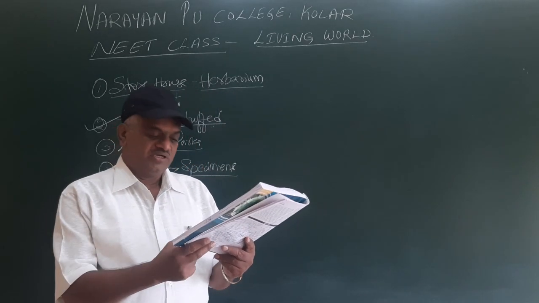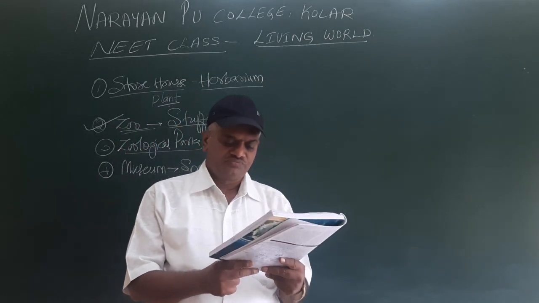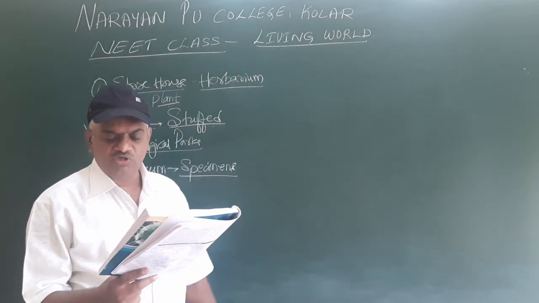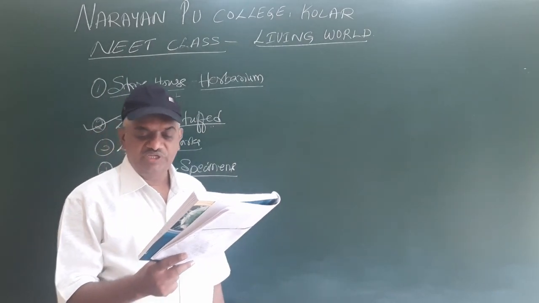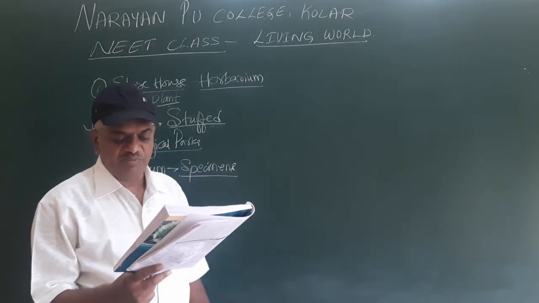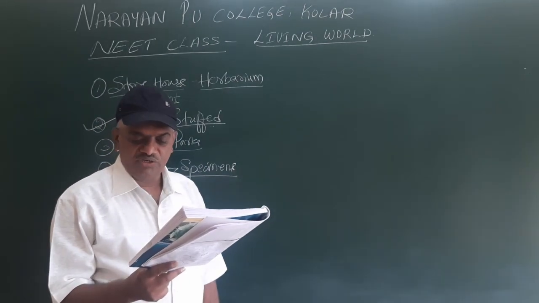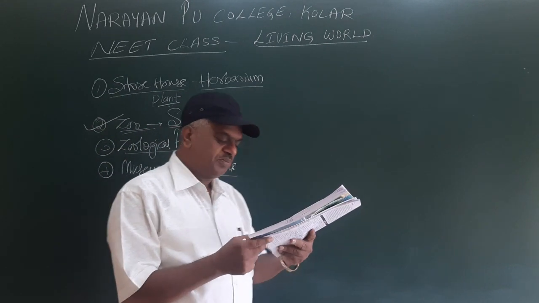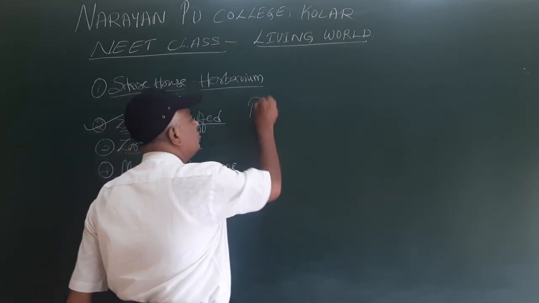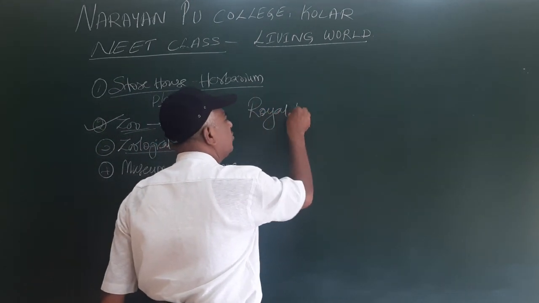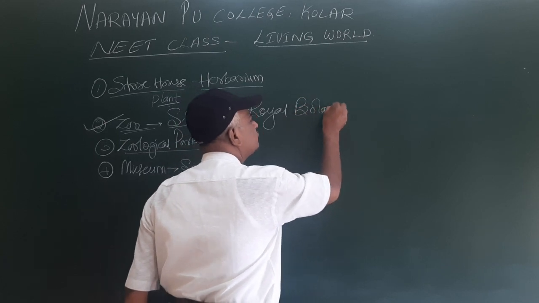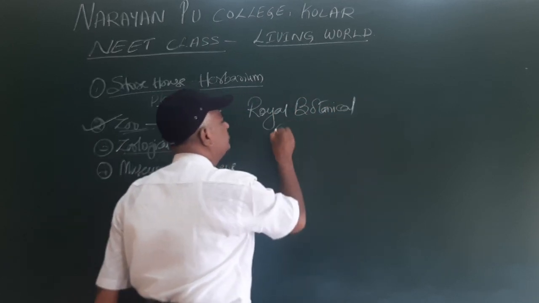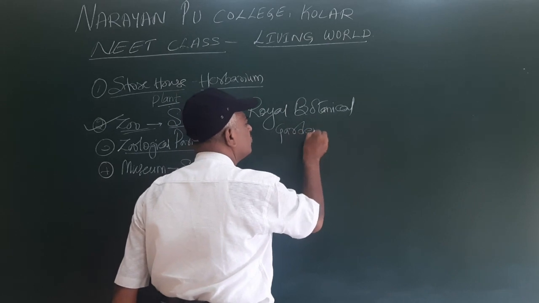So we'll go for the next question, the 30th question. The famous botanical garden of Kew is located in. Here, the famous botanical garden of Kew is called the Royal Botanical Garden.